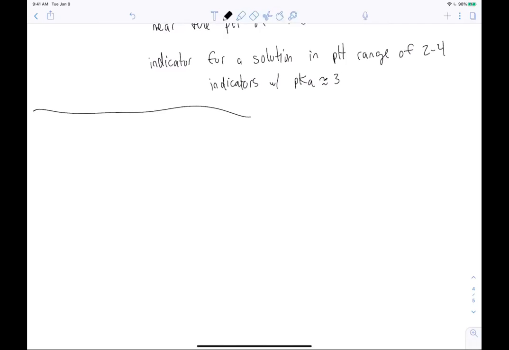Do you guys have any specific questions? 26 and 44 on acid-base practice 1. And 22.